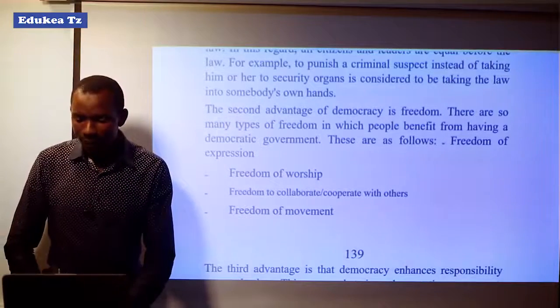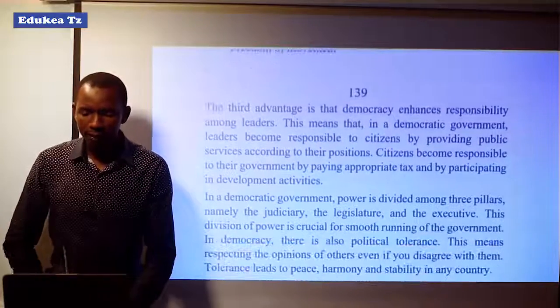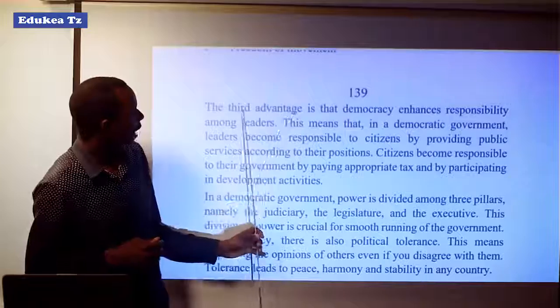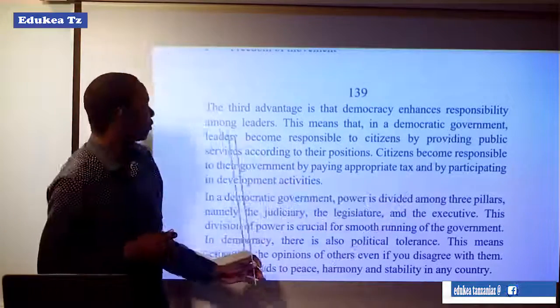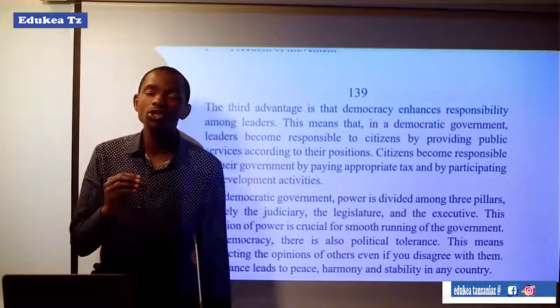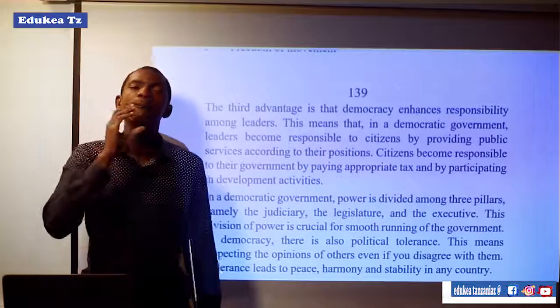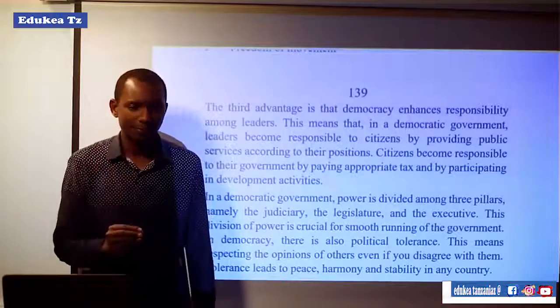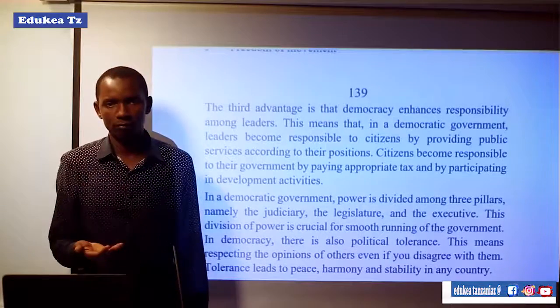The third importance, the third advantage, is that democracy enhances responsibility among the leaders. Any democratic government makes sure that every leader should be responsible.